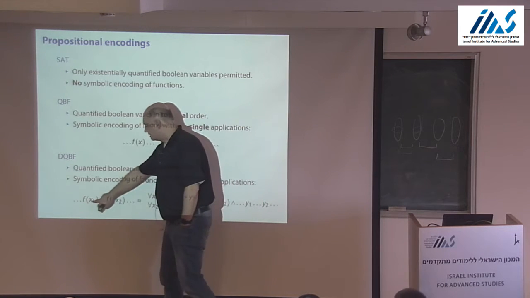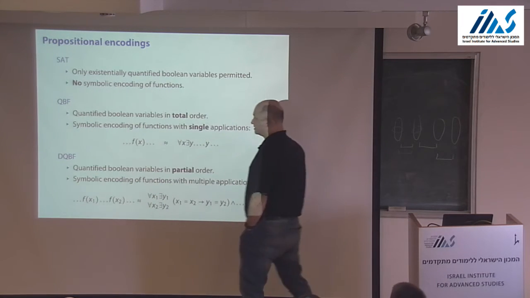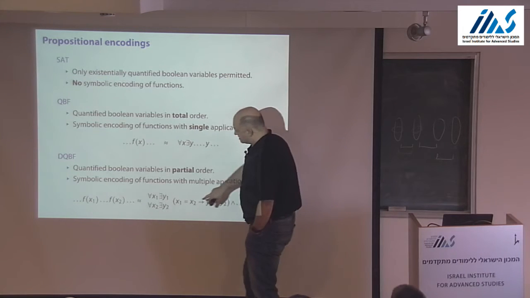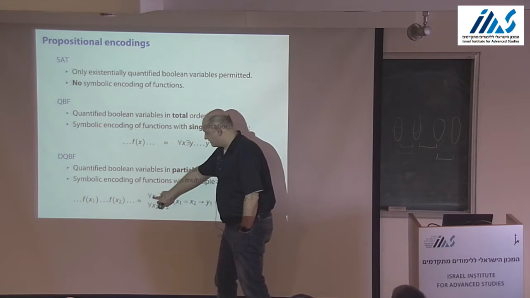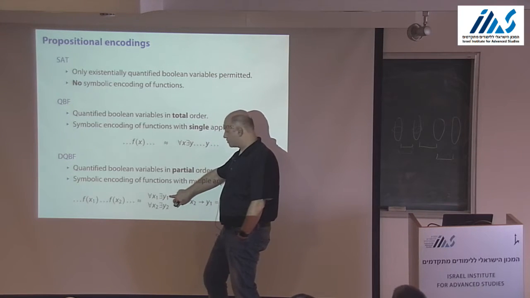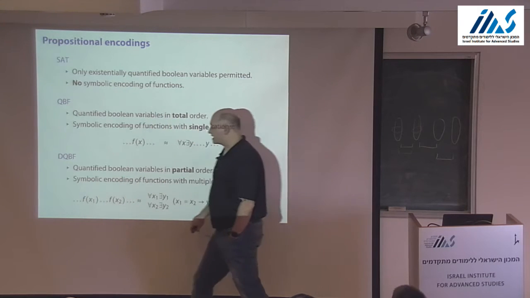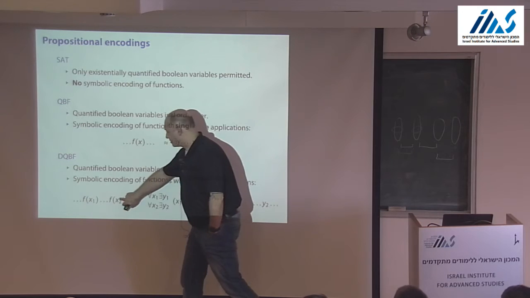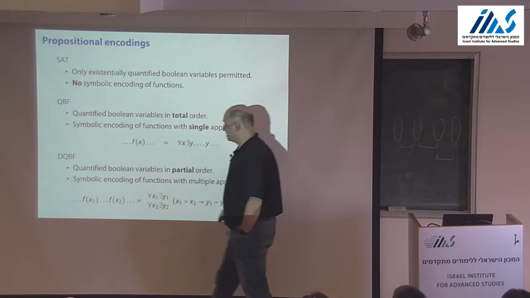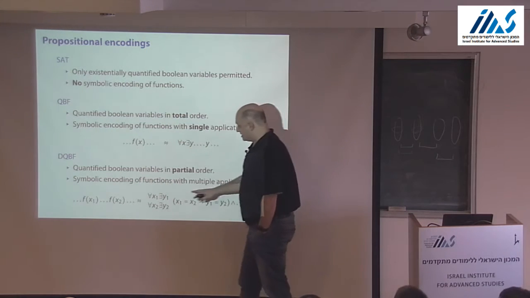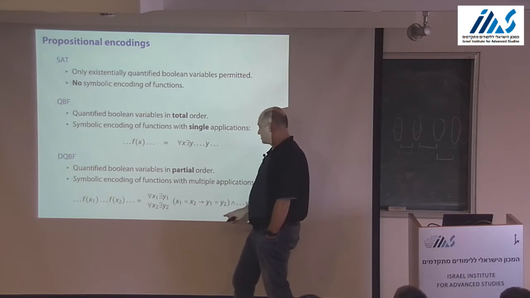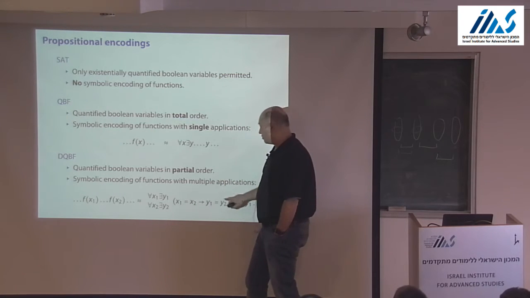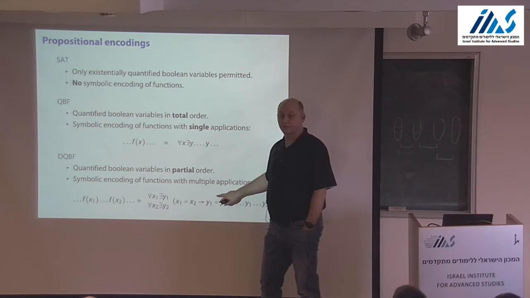So if I have two applications of the same function here, then what I do is I say, okay, let me say for all x1 there's a y1 representing the application of f to x1, and for all x2 there's a y2 representing the application to x2. And now I simply state that if x1 and x2 are the same, then also y1 and y2 need to be the same.